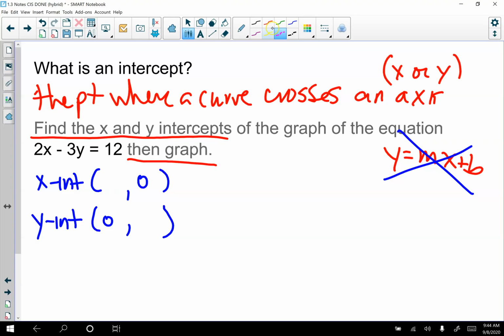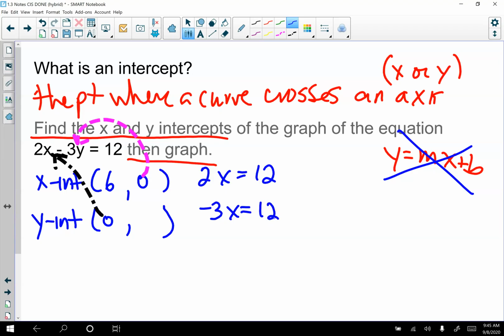So all I'm doing then is taking this y, plugging it in there, that makes that whole term 0, and then I have 2x equals 12 left, or x equals 6. I do the same for the other one. This is the x, so when my x is 0, this whole term is 0, so I end up with, don't forget the negative in front of the 3. Negative 3x equals 12, or x equals negative 4. Divide by negative 3. So those are my two intercepts.